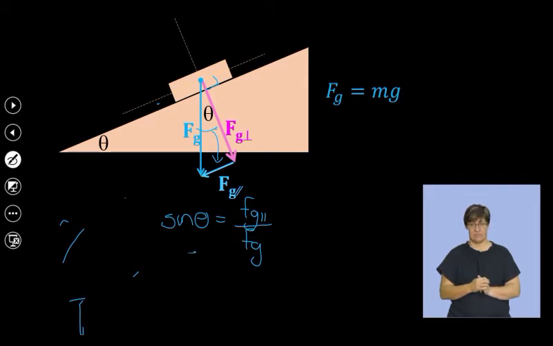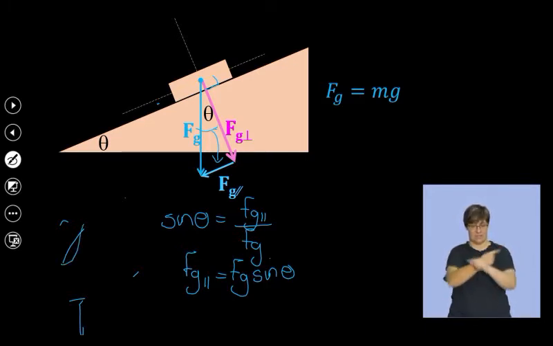So to get Fg parallel on its own, we're going to use Fg sine theta, because it's opposite. Then we need to do the perpendicular. Perpendicular, it's adjacent to the angle.